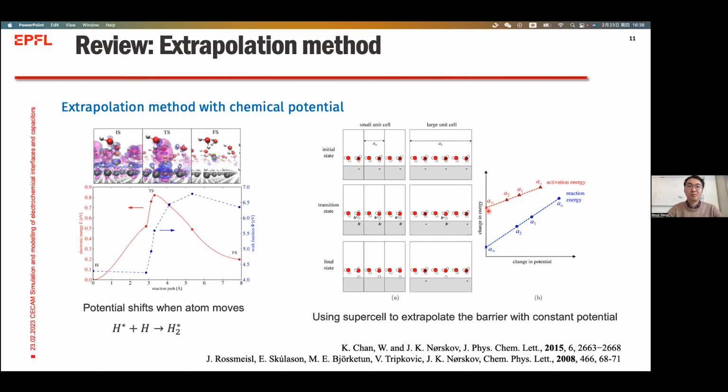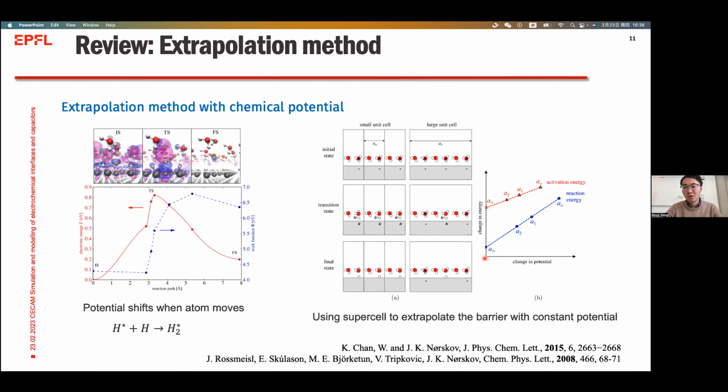Where the line crosses the y-axis, people get the reaction energy at zero change of the electrochemical potential, which is also a constant potential calculation.